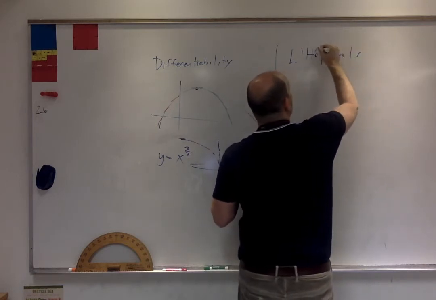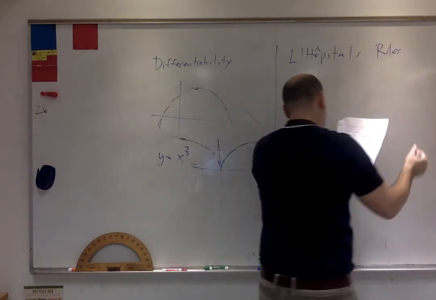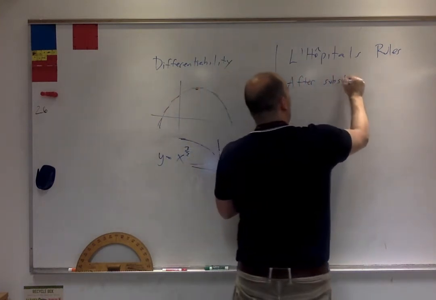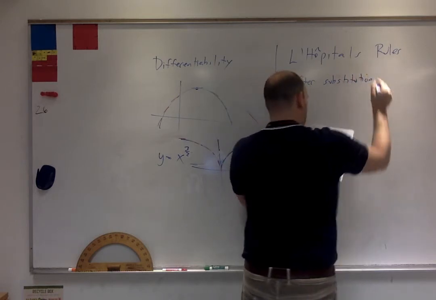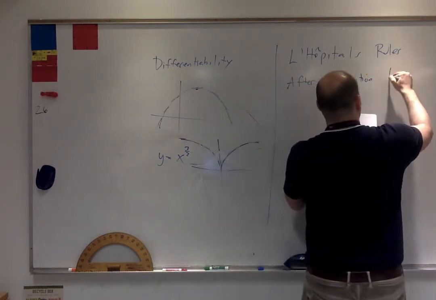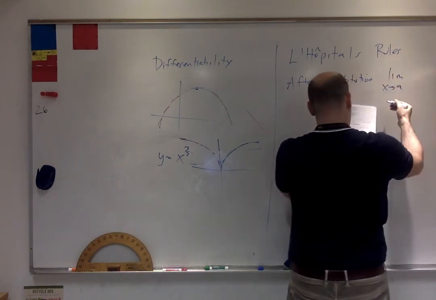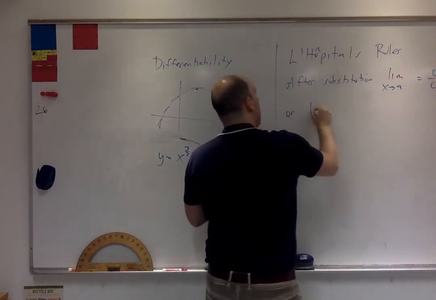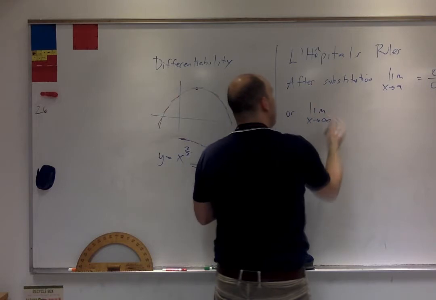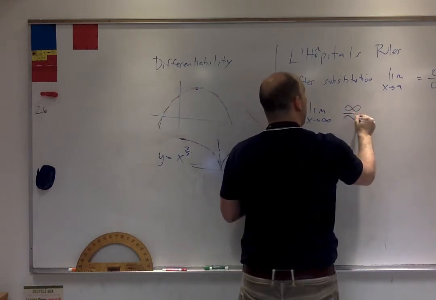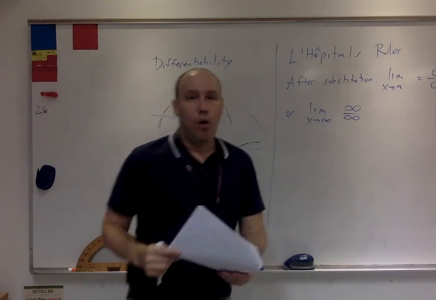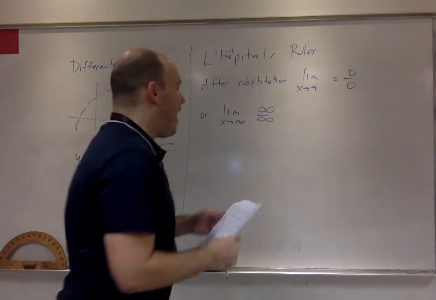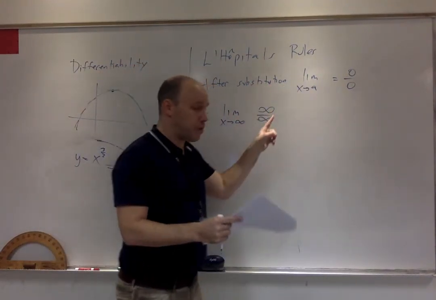After substitution, if the limit as x approaches a is equal to 0 over 0, or the limit as x approaches infinity ends up being infinity over infinity, for this class, it has to have these two forms.